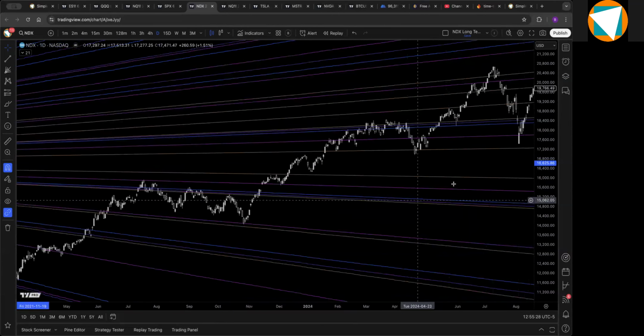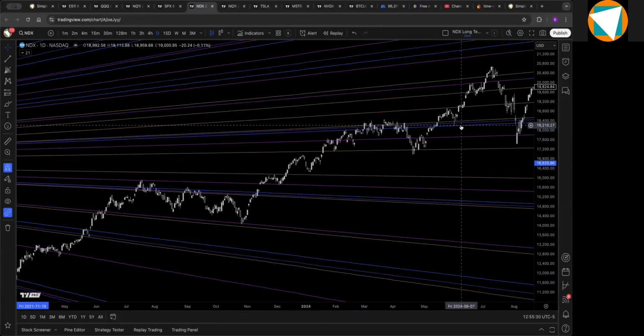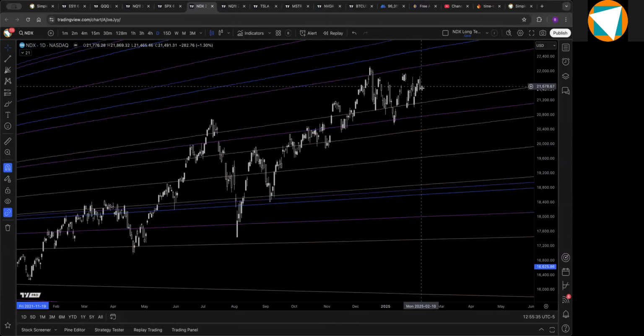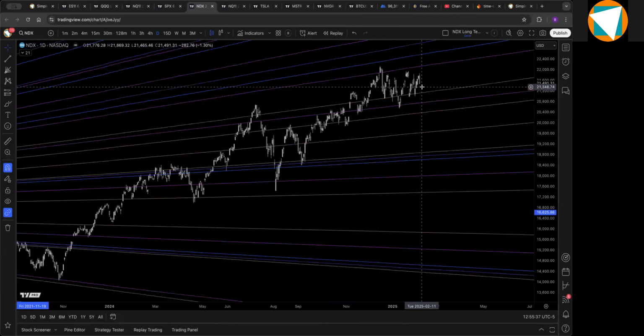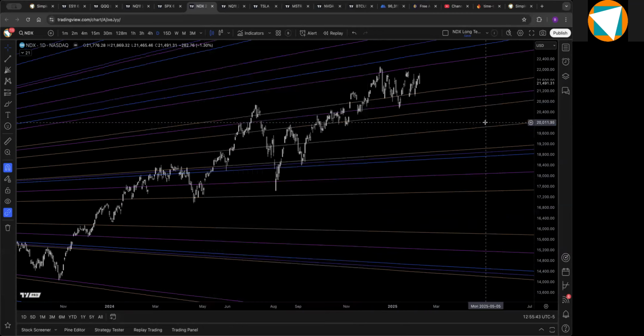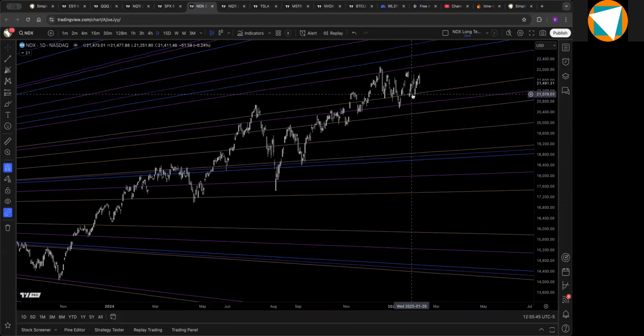Just every interaction with that Jupiter Neptune Synodic has been important. So this is where we are right now. And again, we can see this brown line, which is Saturn, providing some support here. That line is on NDX on Monday at 21,000, or sorry, here's Monday, 21,150 about.